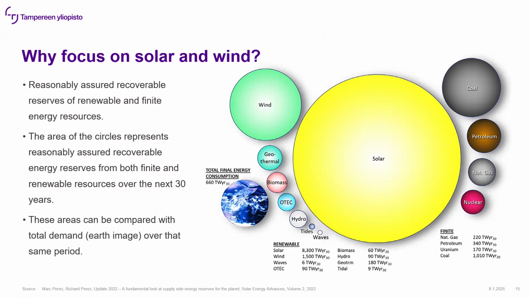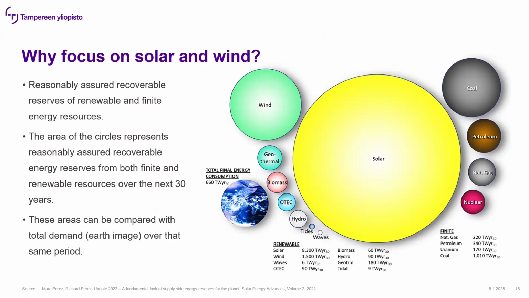So why do we focus on solar and wind? It's because of this one. The area of the circles represents reasonably assured recoverable energy reserves from both finite and renewable resources over the next 30 years. Solar and wind are, well, solar is off the chart and wind is the second largest.